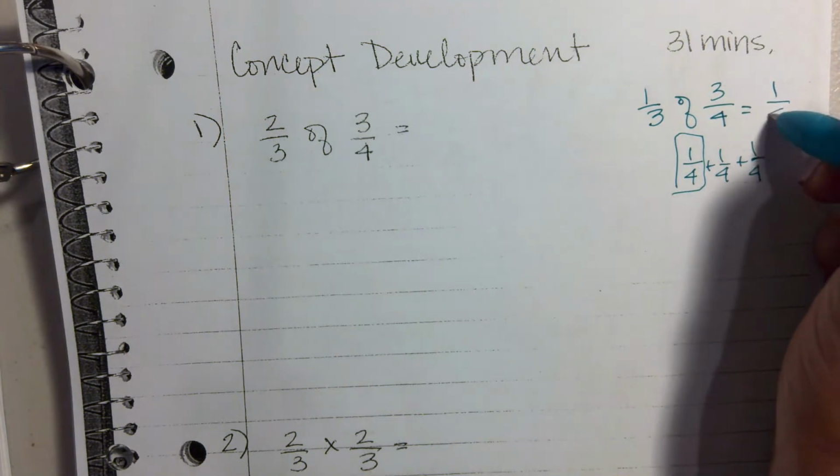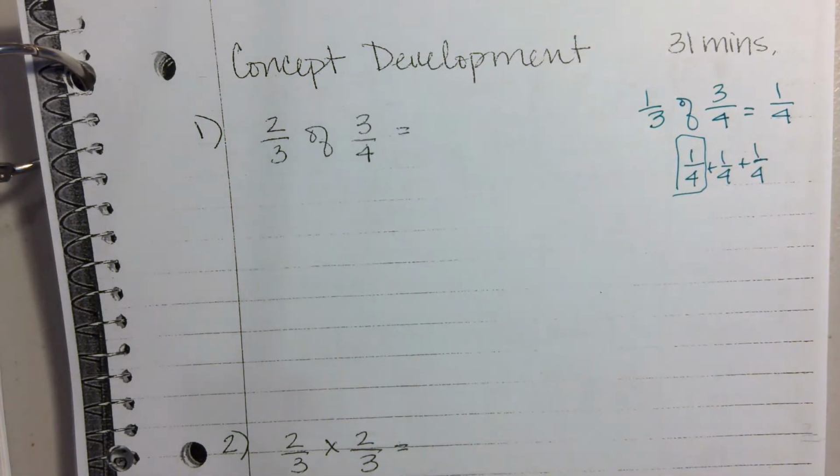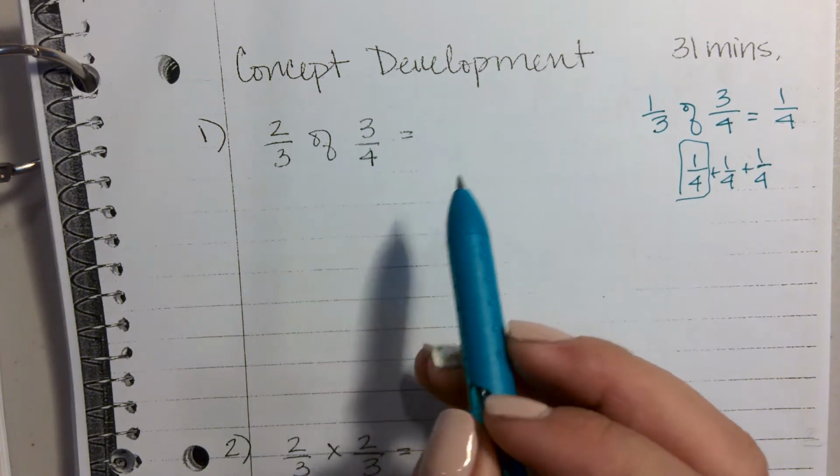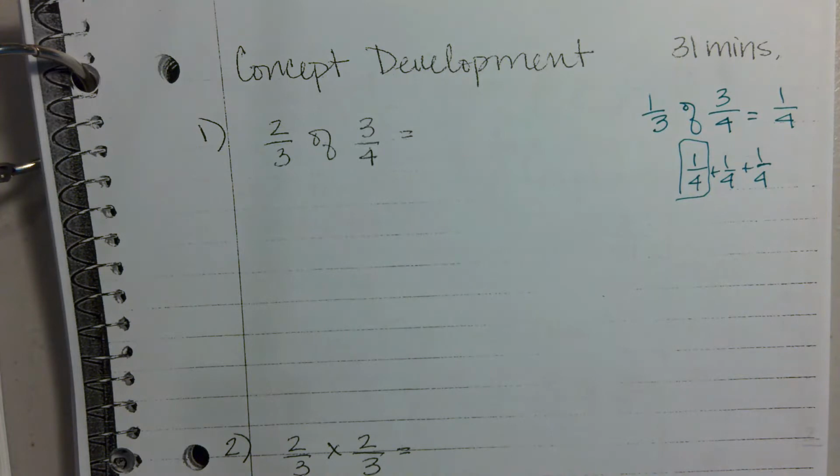It is 1/4, right? So that's what we were doing yesterday. So if 1/3 of 3/4 is 1/4, what is 2/3 of 3/4? What do you think? 2/3 of 3/4.